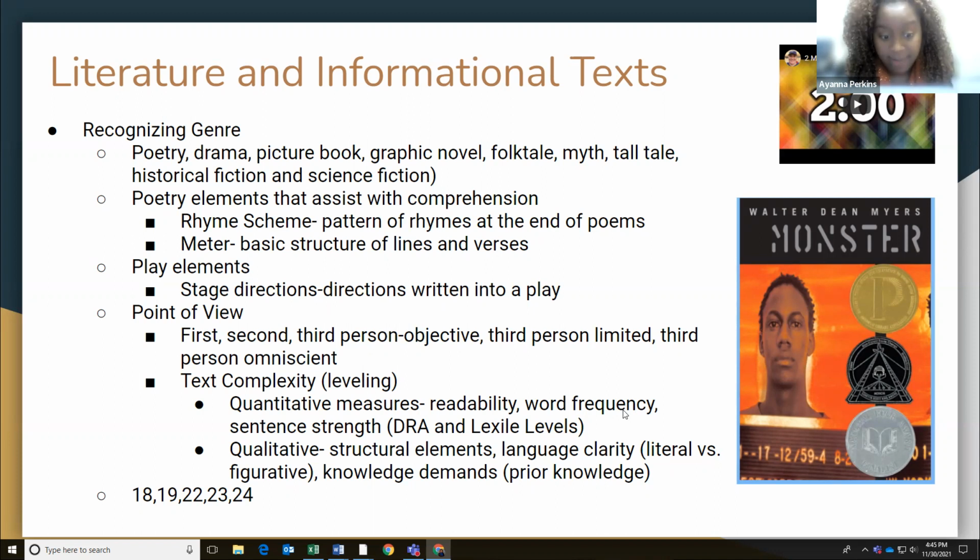So that's where we get to qualitative, where we're talking about structural elements, language clarity. Literal versus figurative is a big one. And then knowledge demands. What amount of prior knowledge does a student have to have going into a text to be able to unlock and understand it? So I'm going to take a pause here.